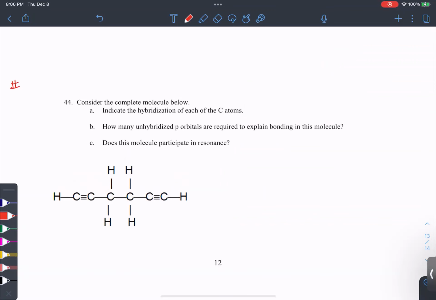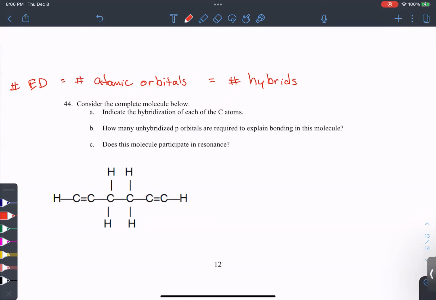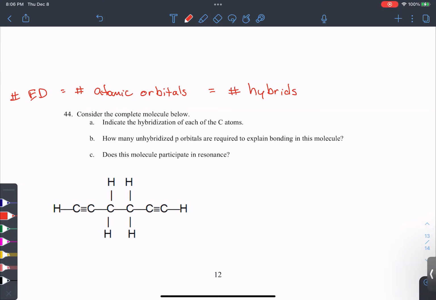The number of electron domains around your central atom is equal to the number of atomic orbitals you need to combine, which is equal to the number of hybrids you get out. When you think about atomic orbitals, what you have to choose from is an S, and then a P, and then a P, and then a P. That's what you have to choose from. And you just work left to right.